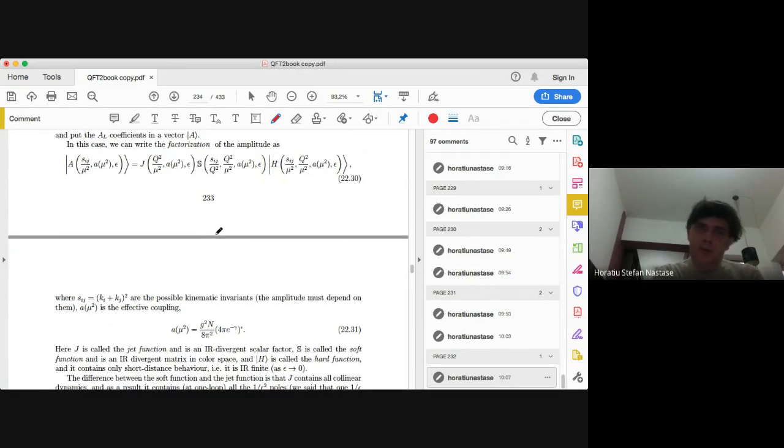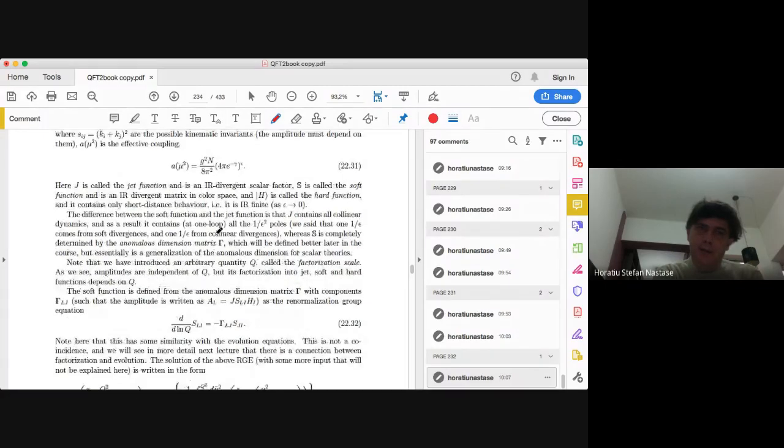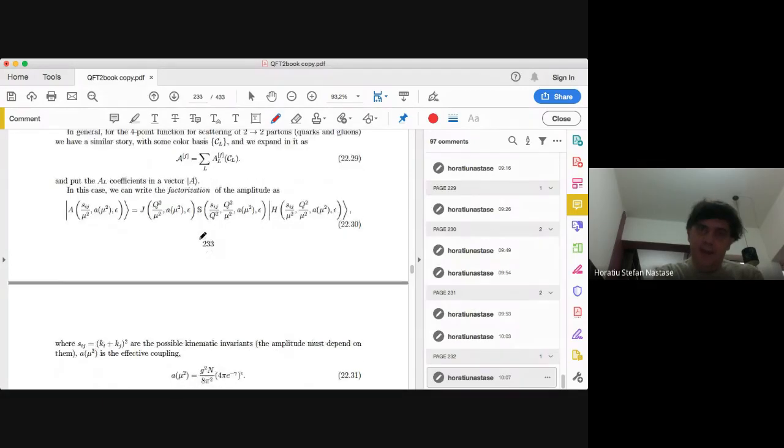This capital Q squared is called the factorization scale. It's arbitrary, so as you see, the amplitude does not depend on it.